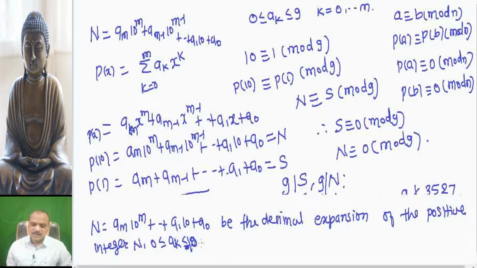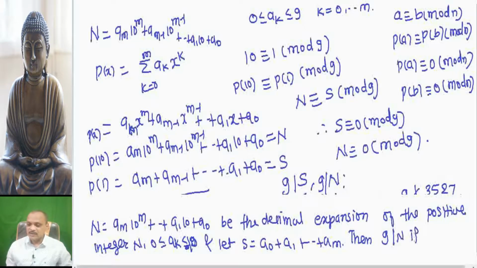We will follow the theorem as it is, and let s equal a0 plus a1 plus ... plus a_m, then 9 divides n if and only if 9 divides s.